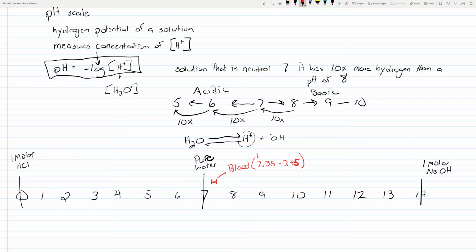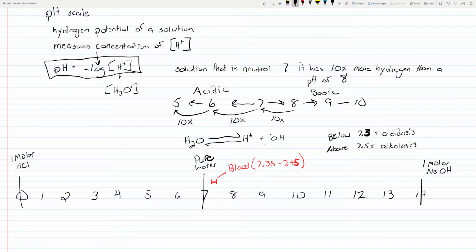Below 7.3 is acidosis, and above 7.5 is alkalosis.